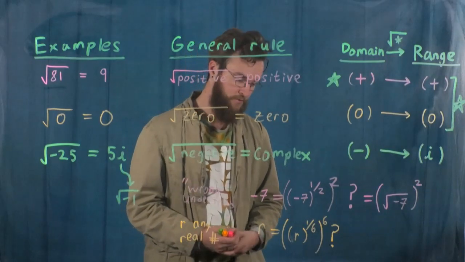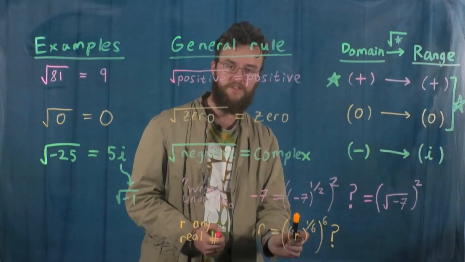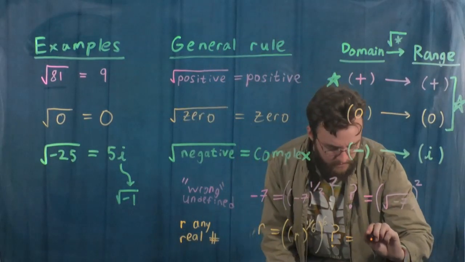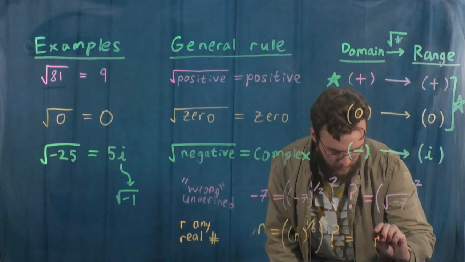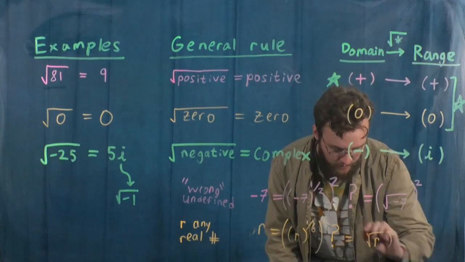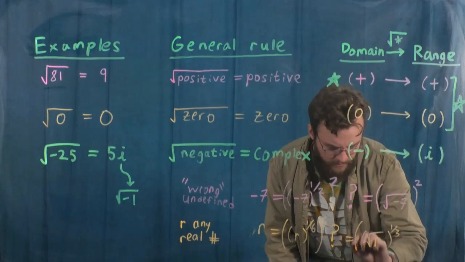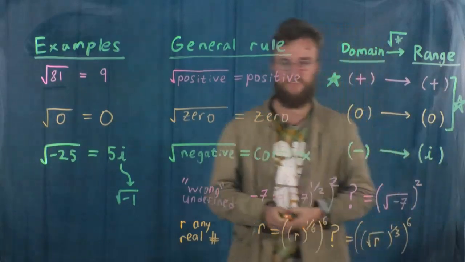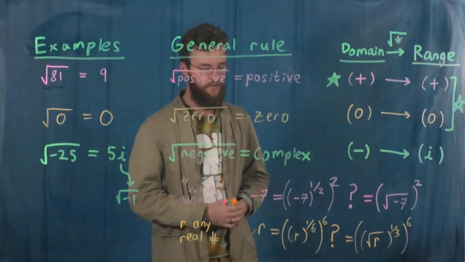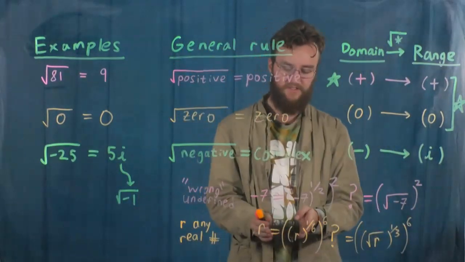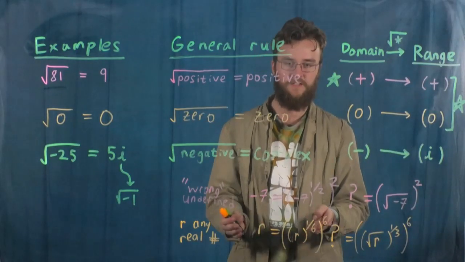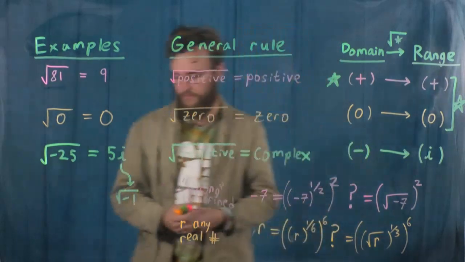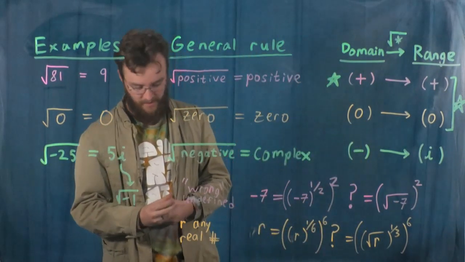And the answer is, well, the 6th root of r doesn't even make sense for us, because here we can rewrite this as the square root of r raised to the 1/3, raised to the 6. So this is another example of an equation that's not really right or wrong. It's just not defined at all. Like the right-hand side isn't even a number anymore.